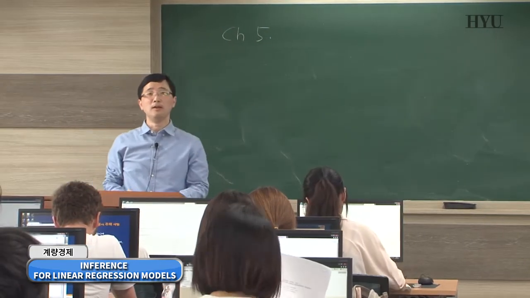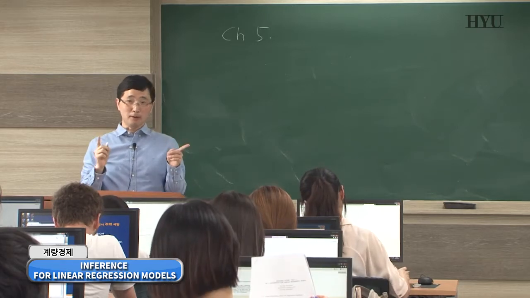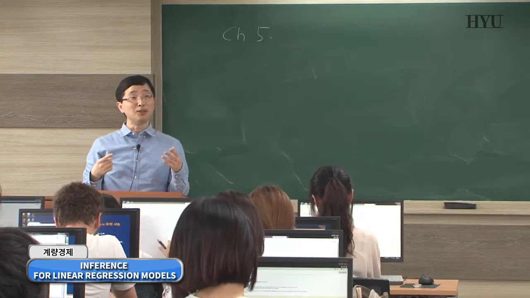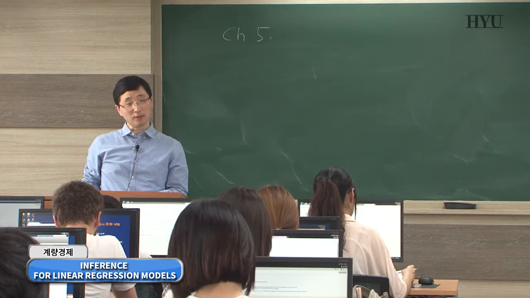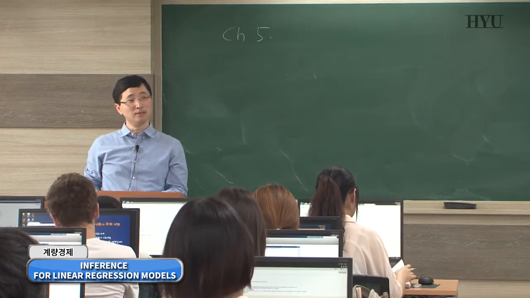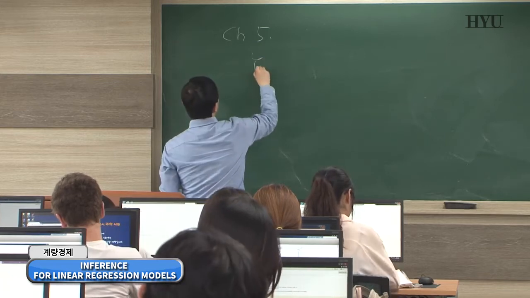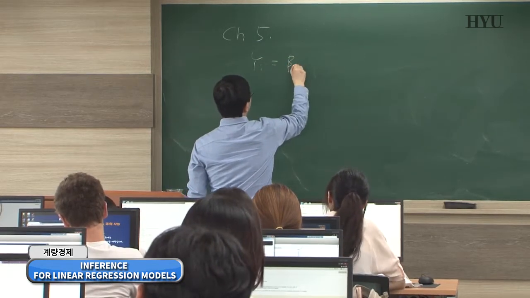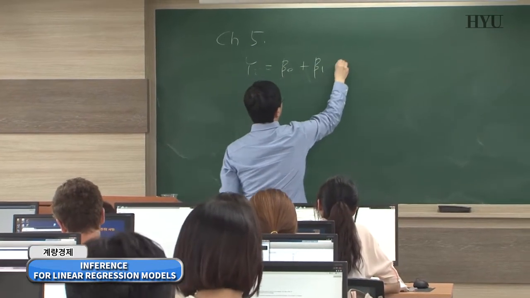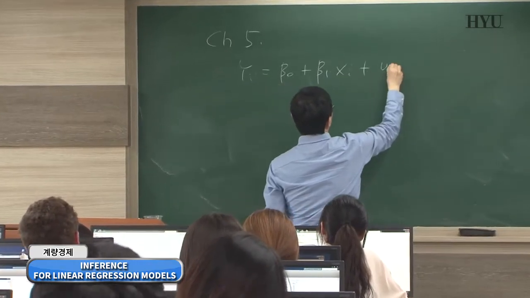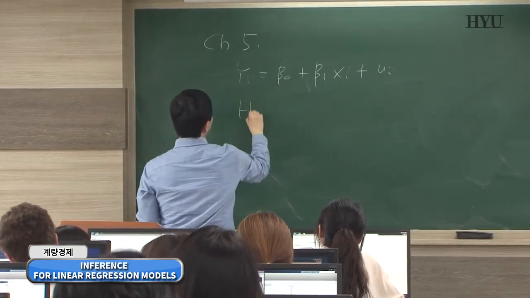So the same idea, there are 2 hypotheses, competing hypotheses, and we like to choose which one is correct. The only difference is we like to choose in the regression problem. So the hypothesis typically looks like that.